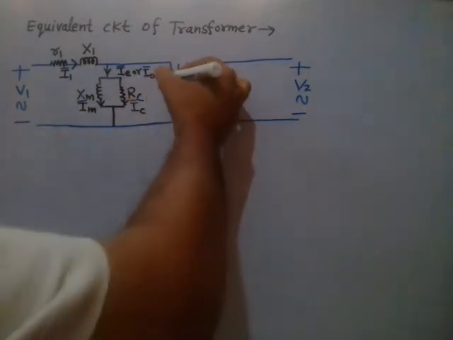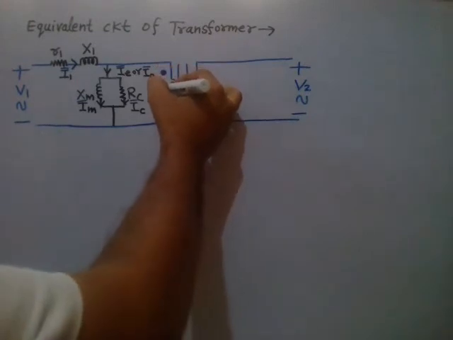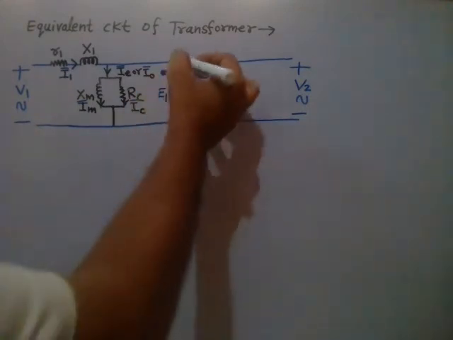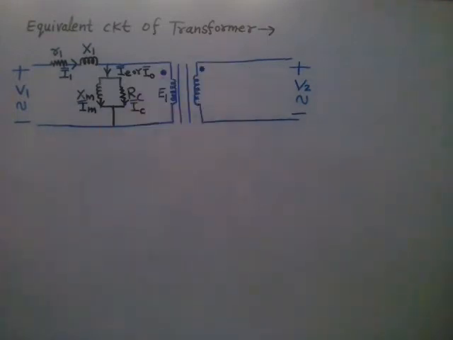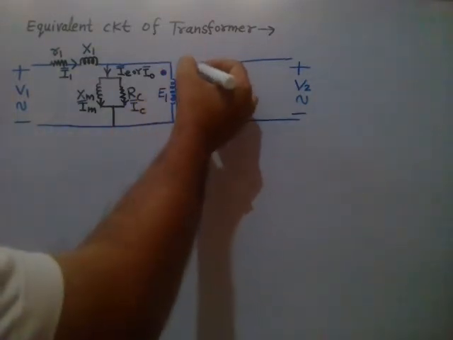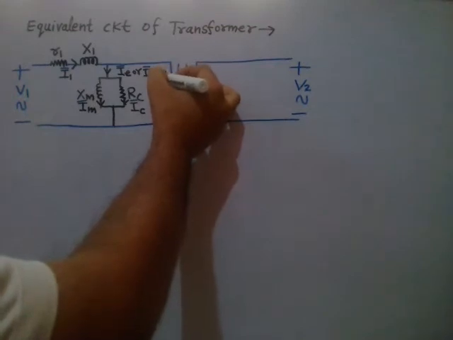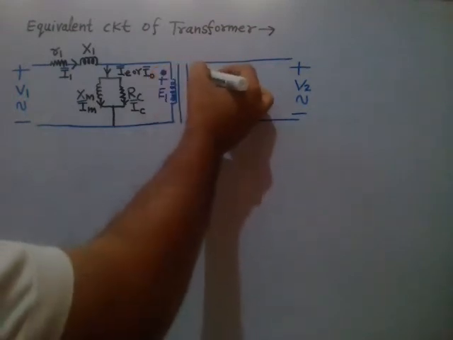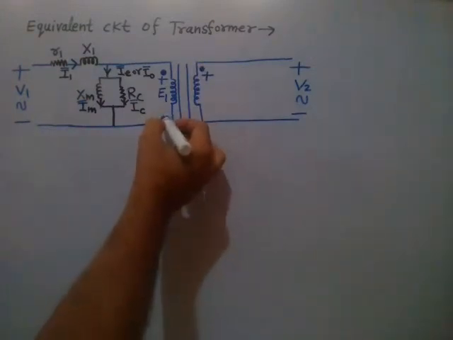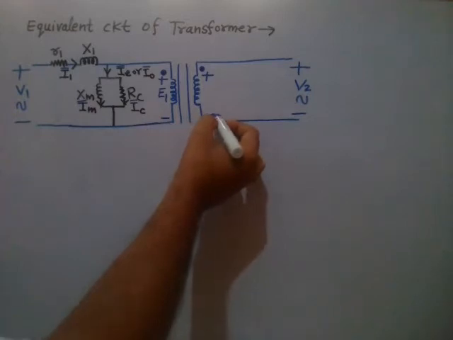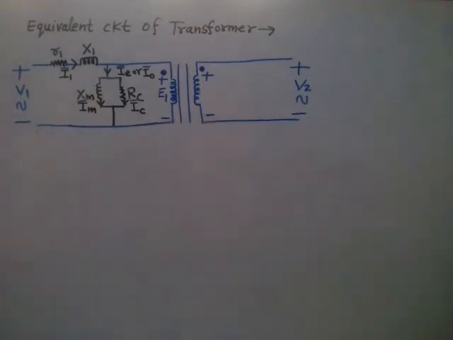The induced EMF of the primary side, let me represent it by E1. So this dot and this dot show the same simultaneous polarity. That means if at one particular instant this point is positive, then this dot is also positive. Correspondingly this end will be negative at that instant. So dot convention means the dots show the same simultaneous polarity.